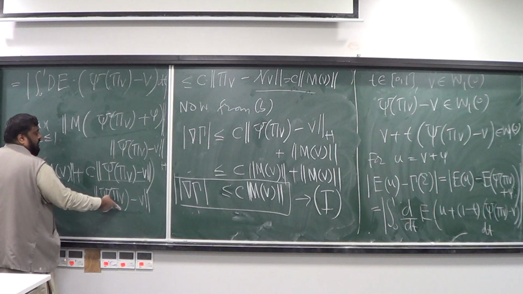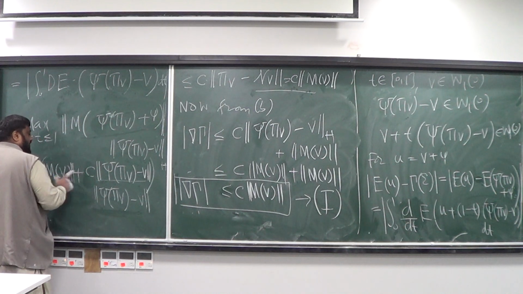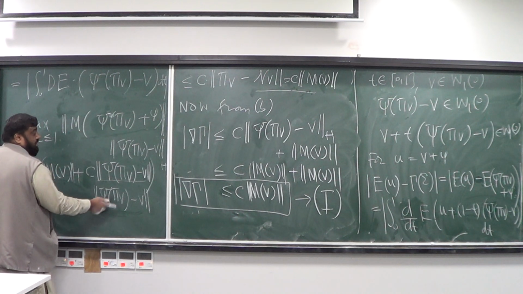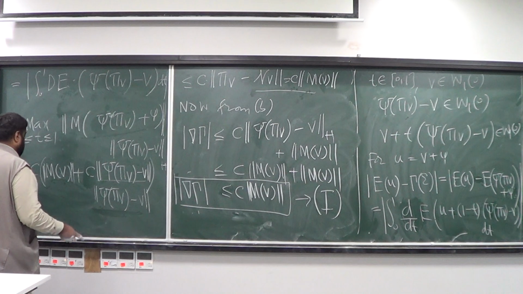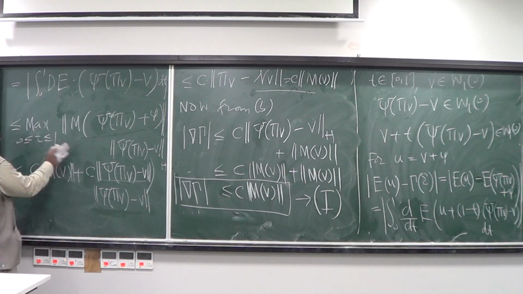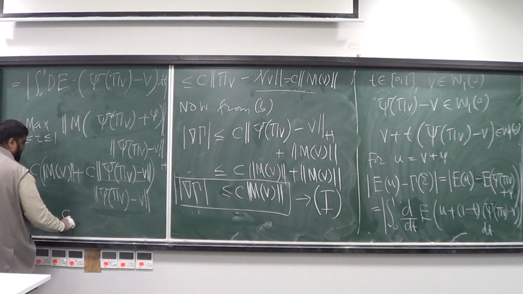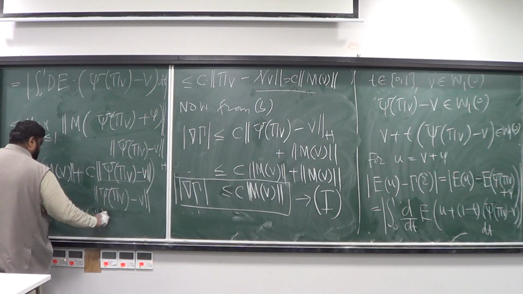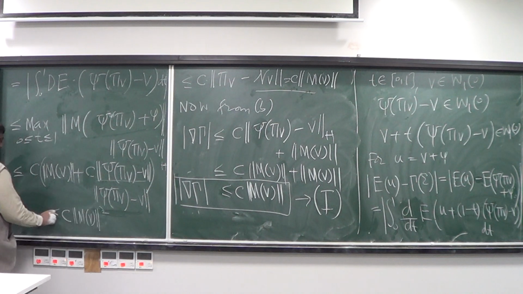So some constant multiplied by the norm of M of v times the norm of M of v becomes the norm of M of v squared. Putting all these constants together and calling them a constant c, multiplied by the norm of M of v squared, this is really an estimate on E of u minus gamma of xi.